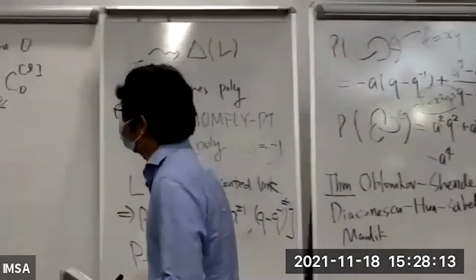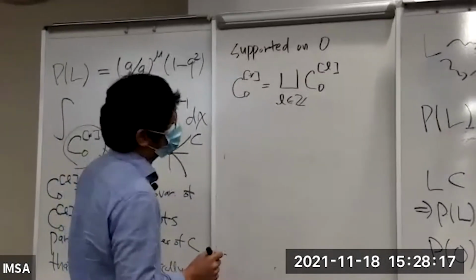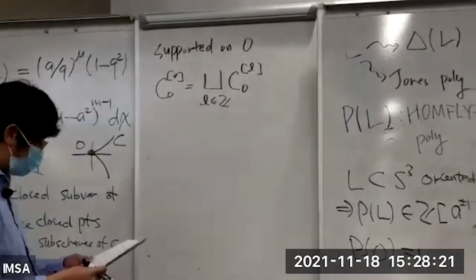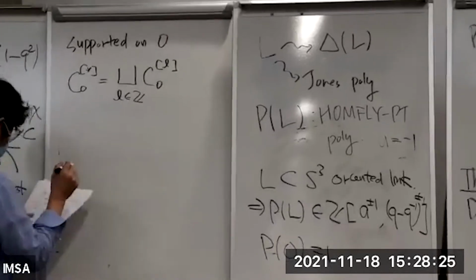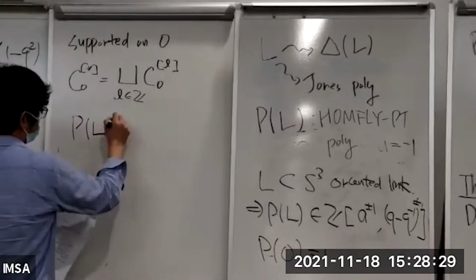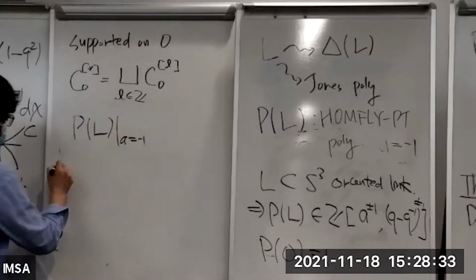So this is the case, and as I told you, this polynomial can be specialized to this polynomial by putting a equal to -1. So I apply a equal to -1, then this gives me this.